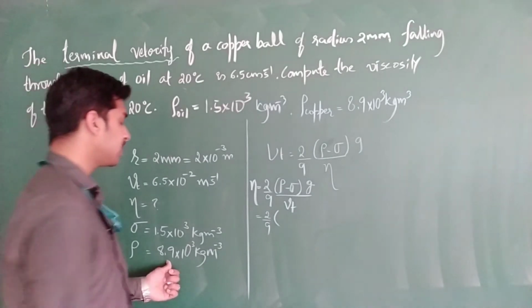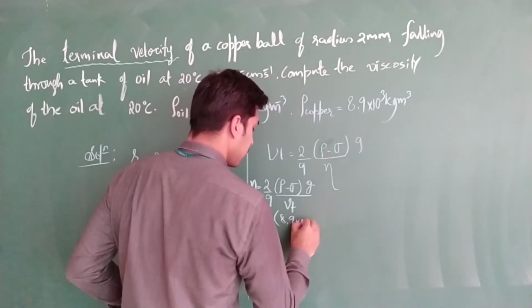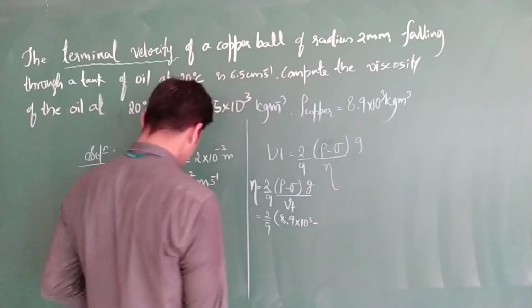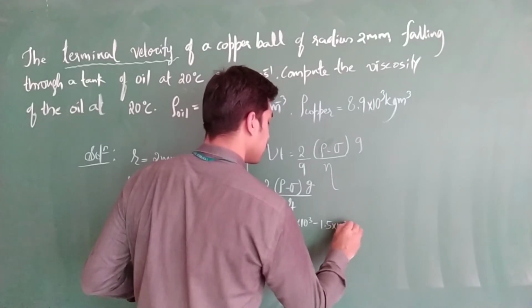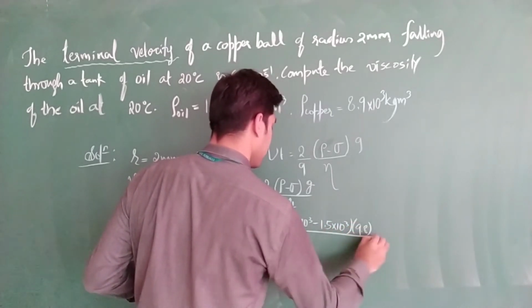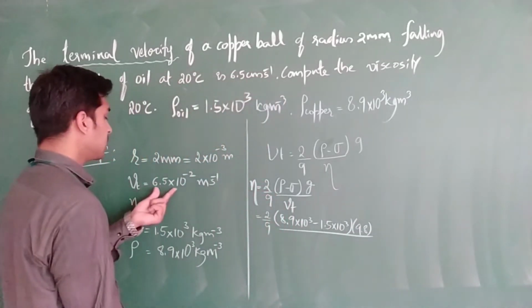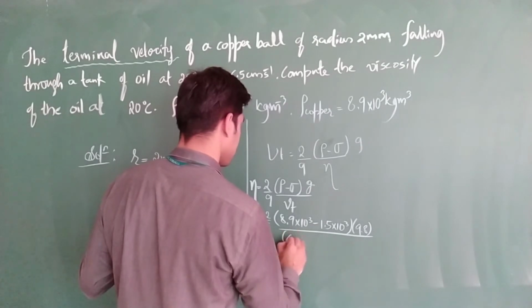Rho value is 8.9 into 10 to the power of 3, minus sigma value 1.5 into 10 to the power of 3. G value is 9.8. Vt value is 6.5 into 10 to the power of minus 2.